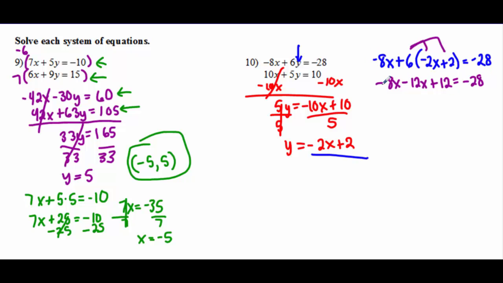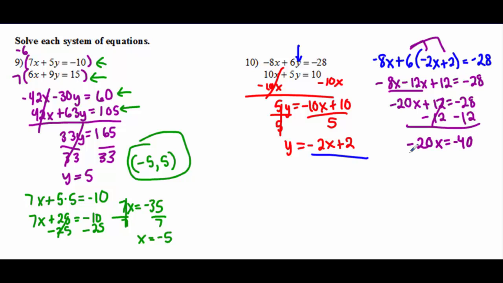And then we're going to add our like terms, which is negative 20x, and subtract 12 from both sides. Negative 20x equals negative 40. Divide by negative 20.